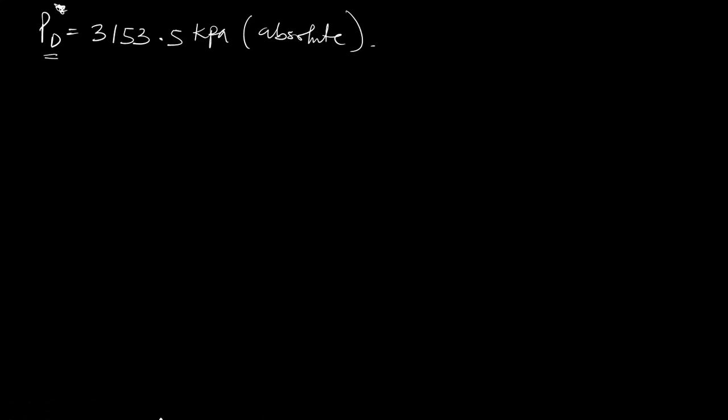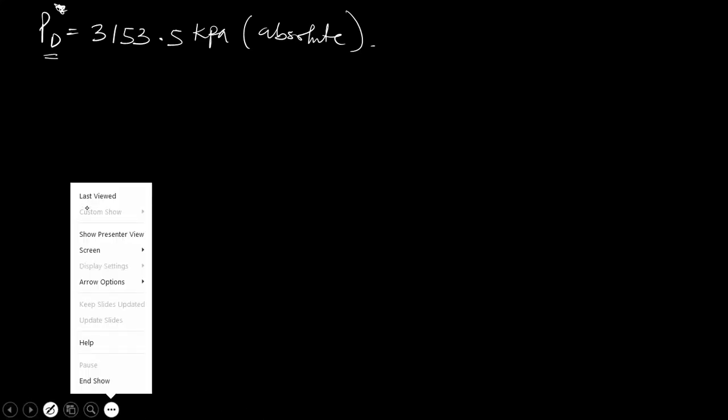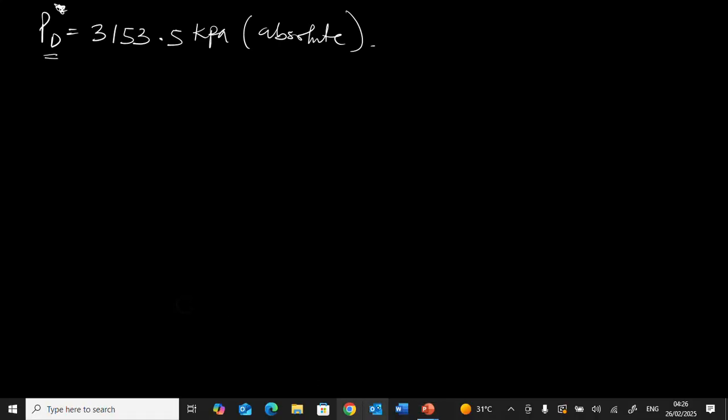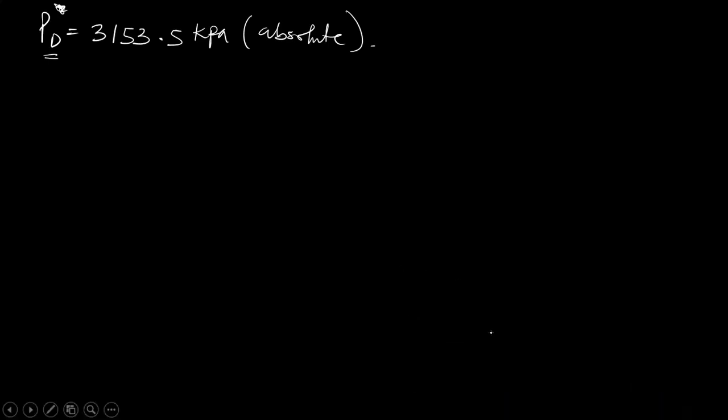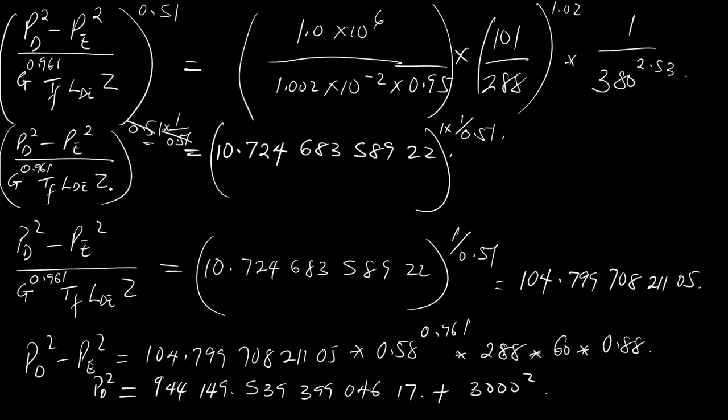Now there's something I want to do. So we now have our PD to be equal to 3153.5. So now let's solve for PC.